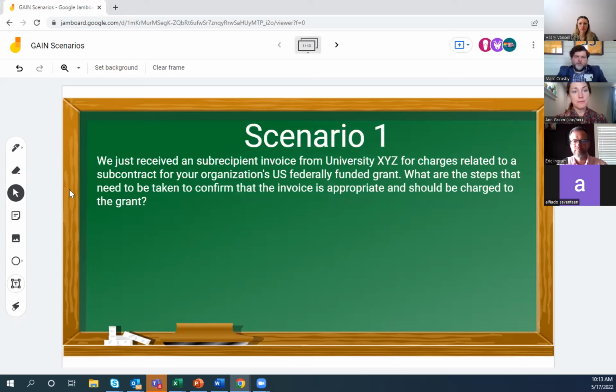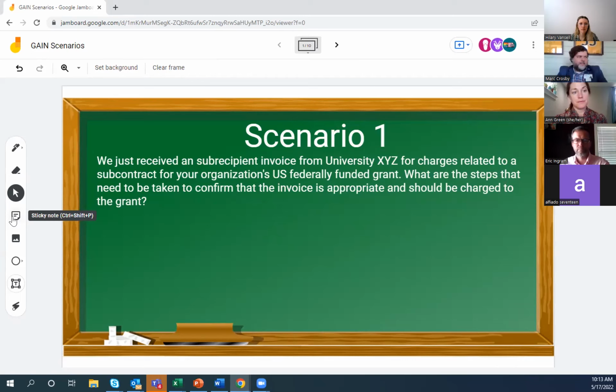Once we put you in your breakout room, you will read through your scenario together as a group, and then you can answer how you would respond, some best practices in your area, perhaps policies or internal controls that you have, some of the experience that you have in handling these types of scenarios, and you can add those by inserting a sticky note.